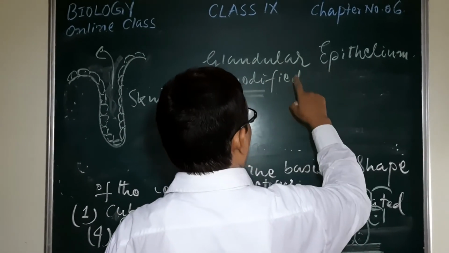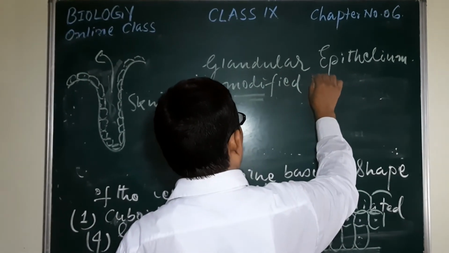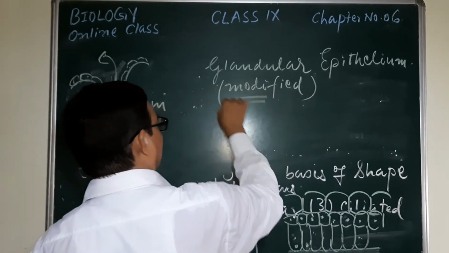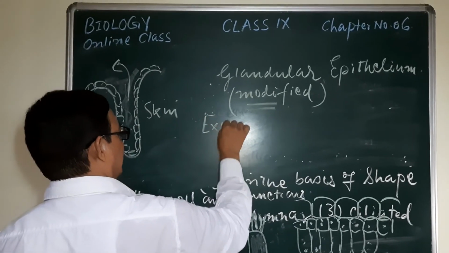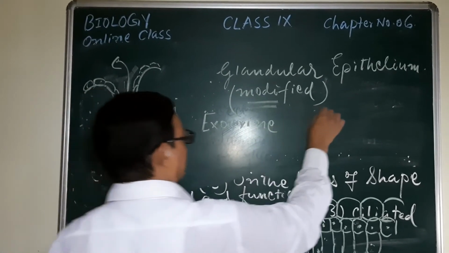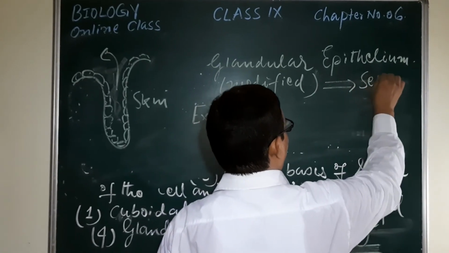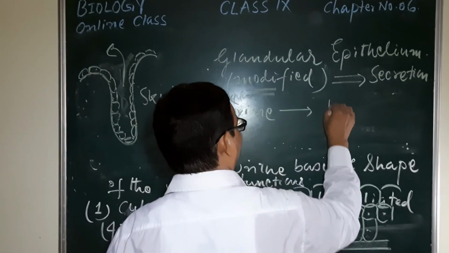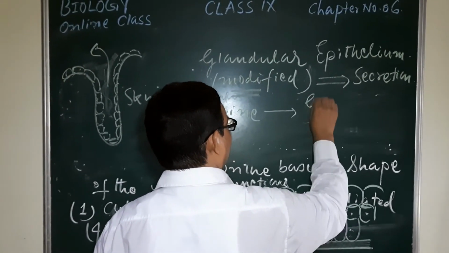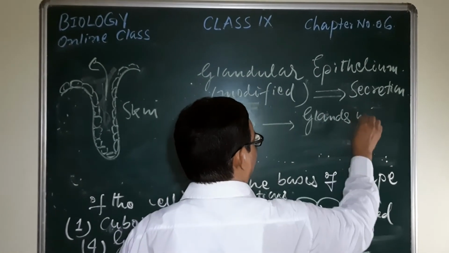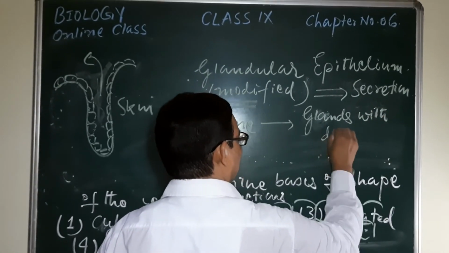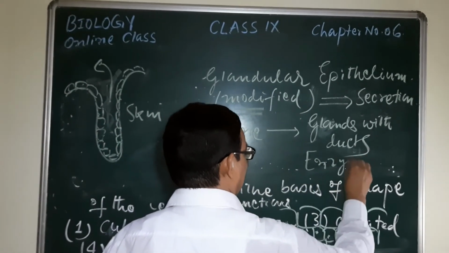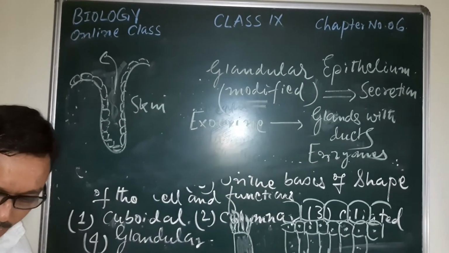Modified glandular epithelium, like the exocrine, is modified to form secretions. Exocrine glands are glands with ducts. They mainly secrete enzymes.